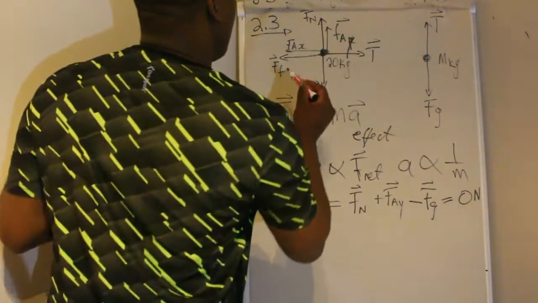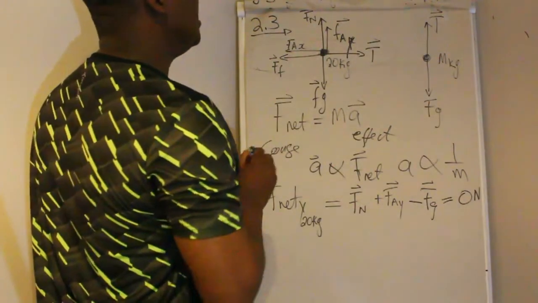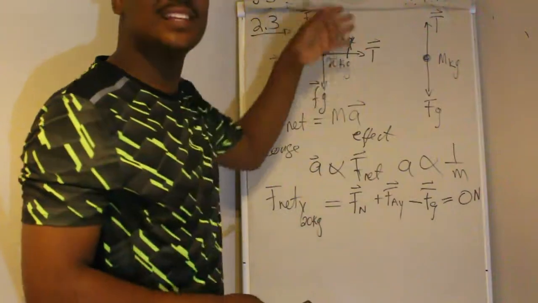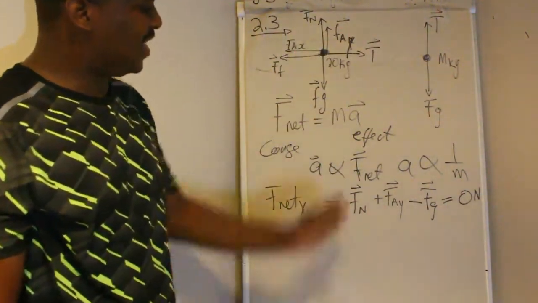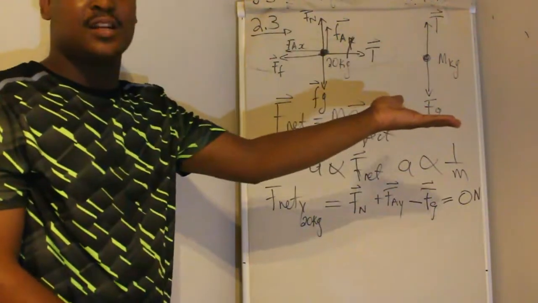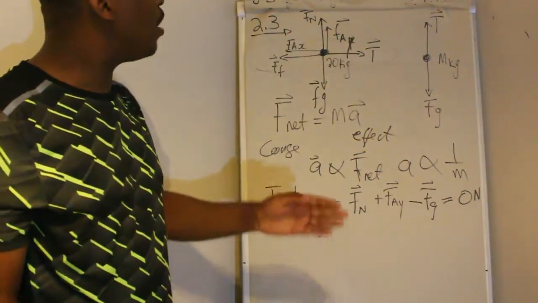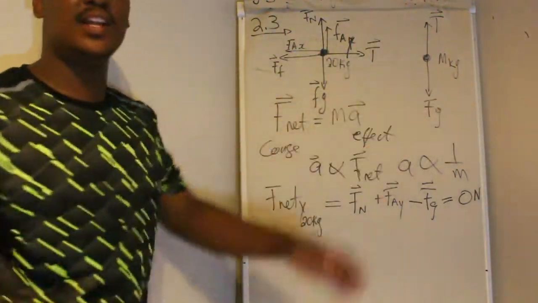Only focus on the horizontal forces and leave these ones alone. You don't need these ones because they are going to cancel out since you already have the motion there. But if you have motion in this direction and that direction, then you are going to use all of them. Now your motion is only horizontal, so focus on the horizontal forces only.